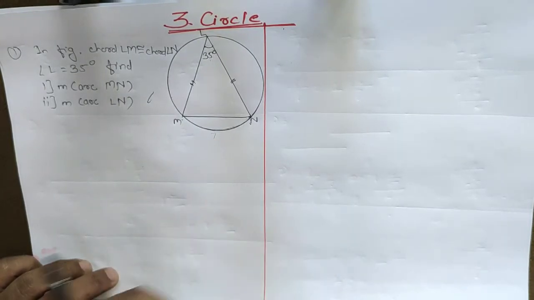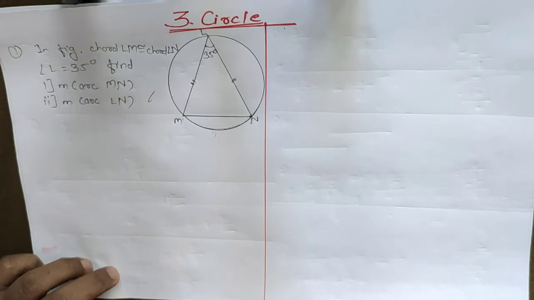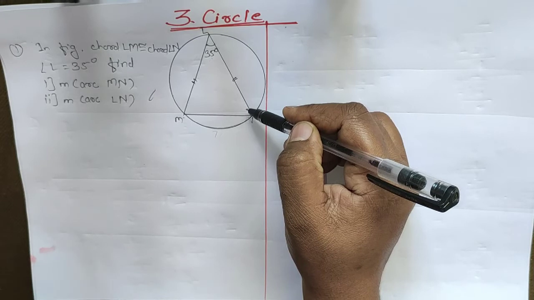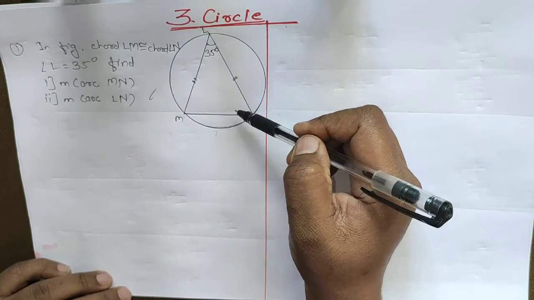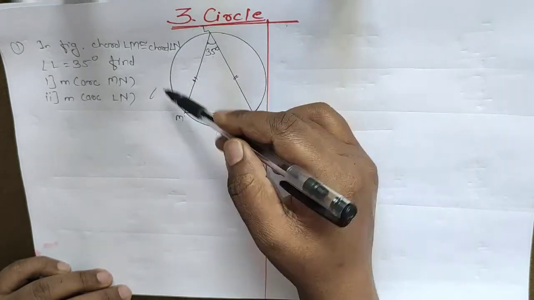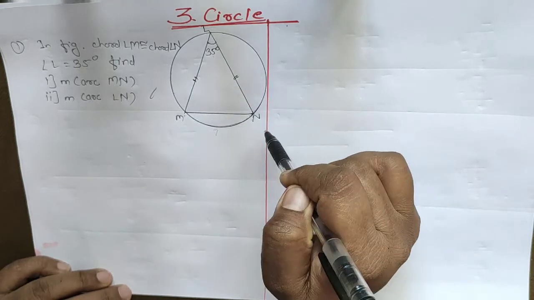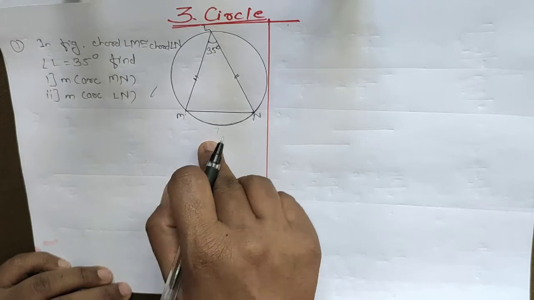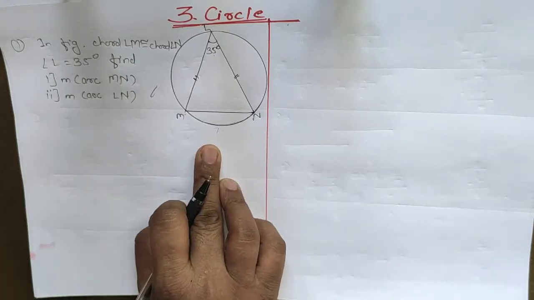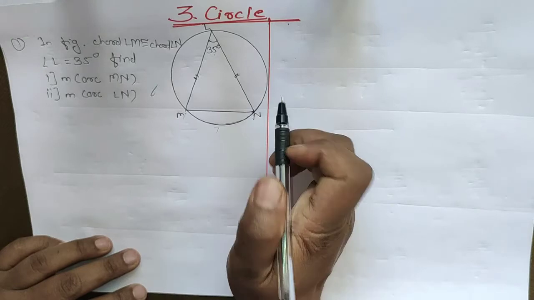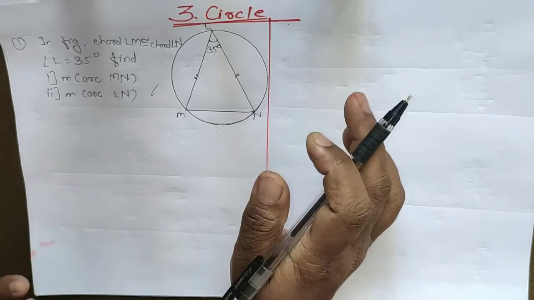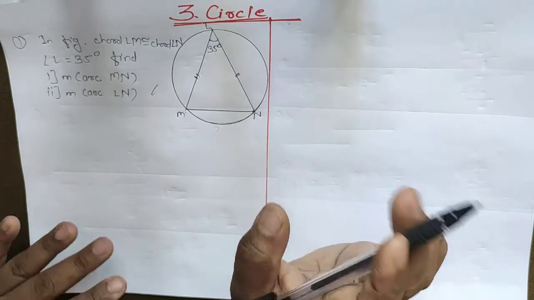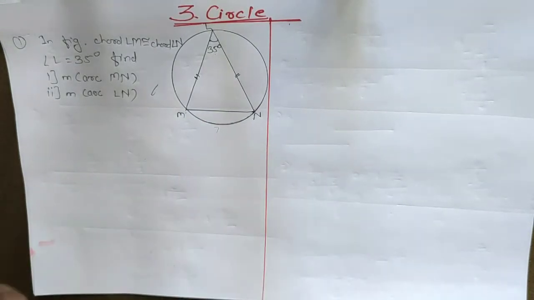That we find orally. Next, it is an isosceles triangle, so all arcs of the circle measure 360 degrees. From that, if we subtract 70, we get 290. The remaining we divide by 2, then we will get the measure of arc LN equal to 145. Now we will see how to solve this example.